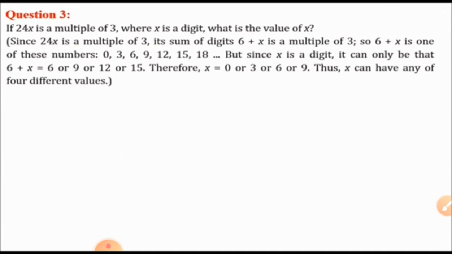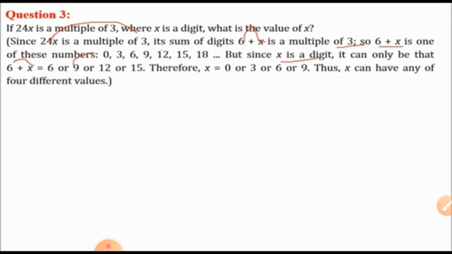Question number 3 on your screen. If 24x is a multiple of 3, where x is a digit, what is the value of x? Since 24x is a multiple of 3, its sum of digits, 6 plus x, is a multiple of 3. So 6 plus x is one of these numbers: 0, 3, 6, 9, 12, 15, 18.